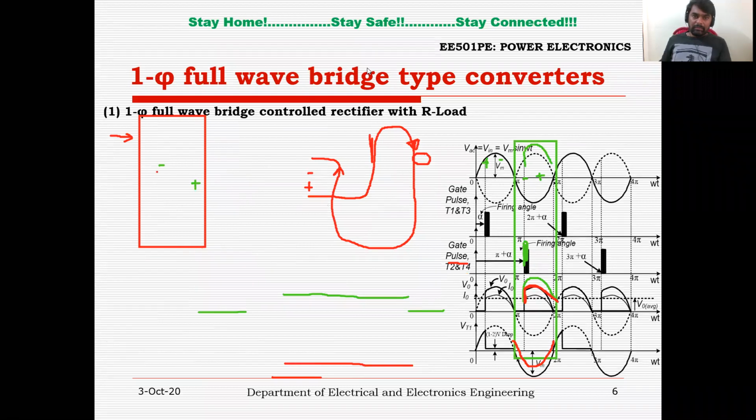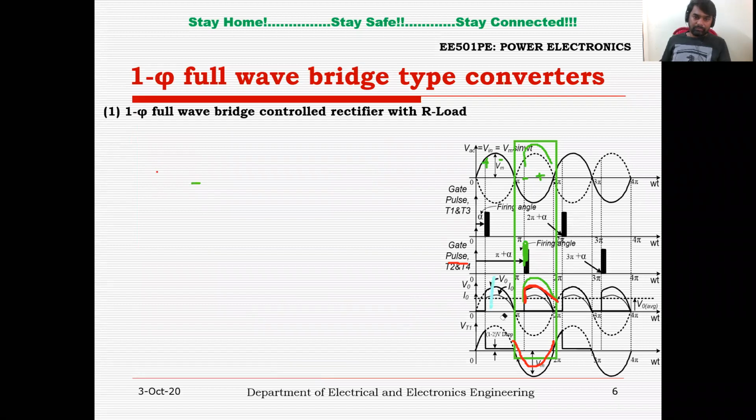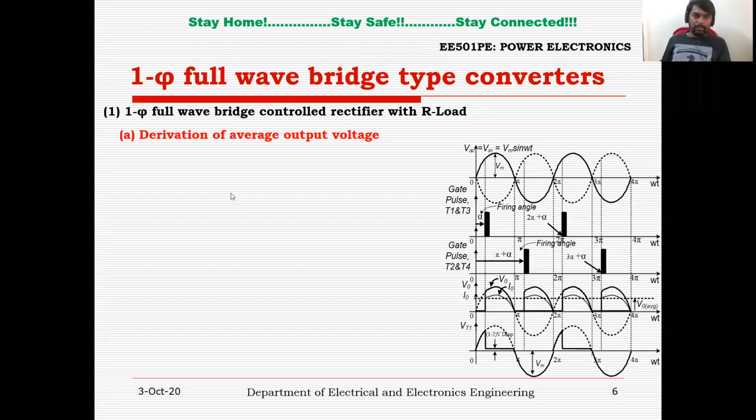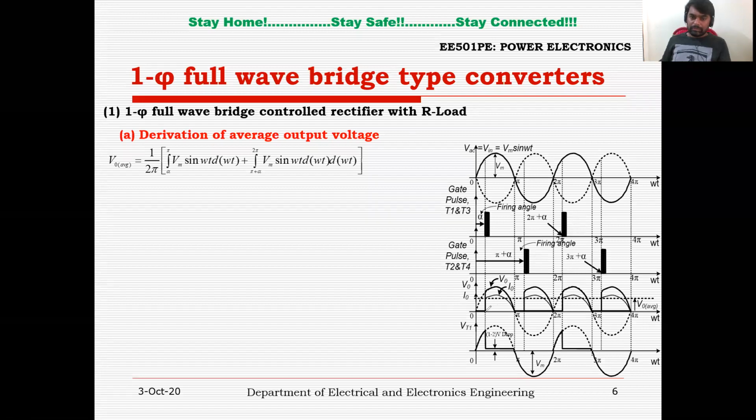Right, now we will move on to the derivation part, the derivation of average and RMS output voltage. Now, if you see the output waveforms, this is the output voltage waveform, which is having some magnitude from omega t equal to alpha to omega t equal to pi, and pi plus alpha to 2 pi also we are having some magnitude across the load.